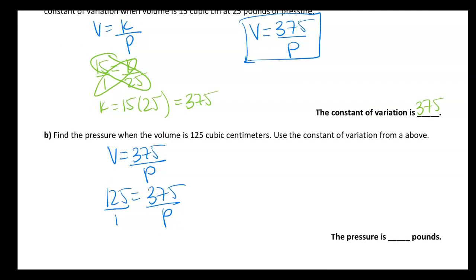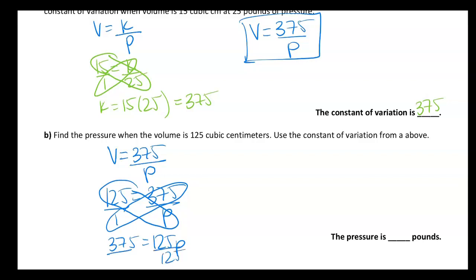So we're going to make this 1 times 375, which is 375, equals 125 times P. Like I would normally do, I'm going to divide both sides by 125. So my P value is going to be 375 divided by 125, which is 3. So it looks like 3 pounds of pressure for this question. That's my answer.